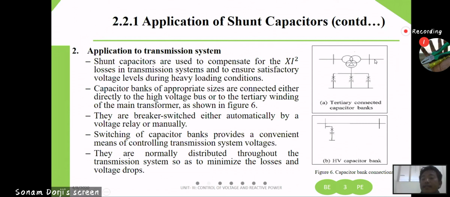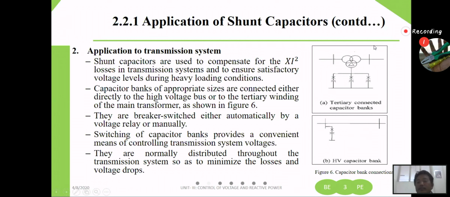But if a Ferranti effect has happened by any chance, then you have to switch on the shunt reactor, right? It will absorb the reactive power and maintain the voltage at the acceptable limit. But since we are talking about shunt capacitors, we are seeing that we don't want a low voltage at the receiving end.